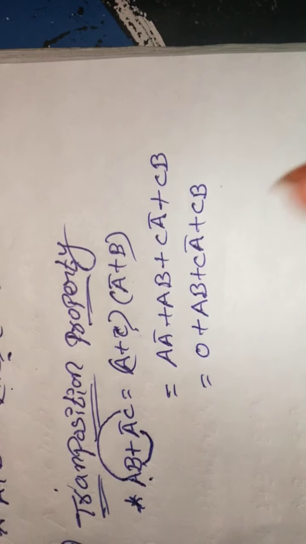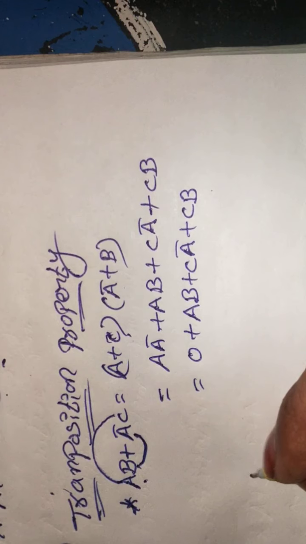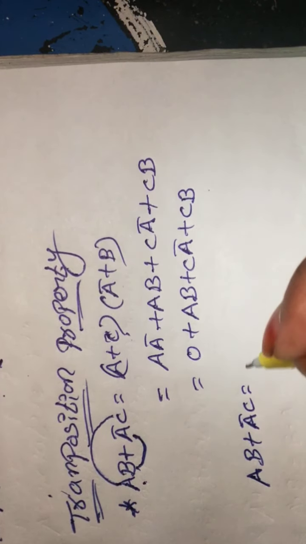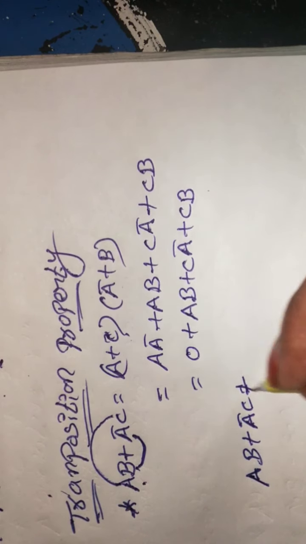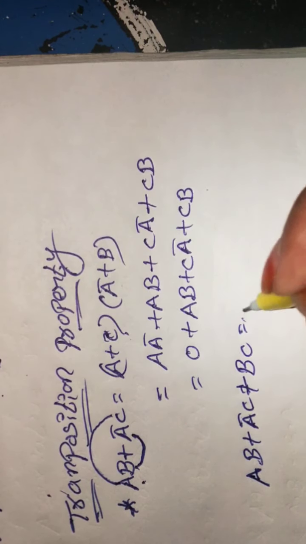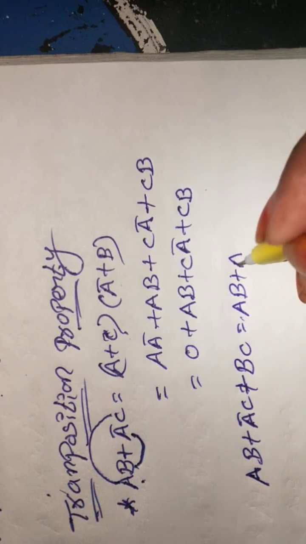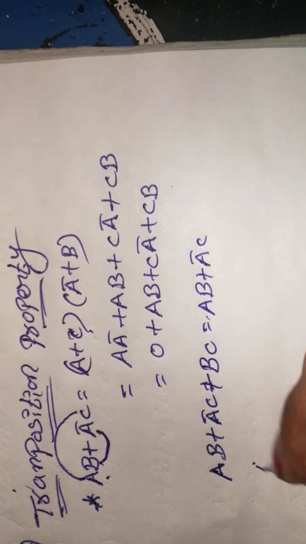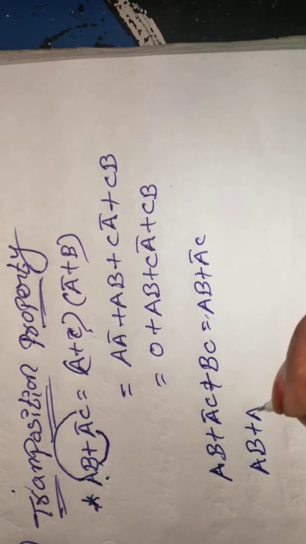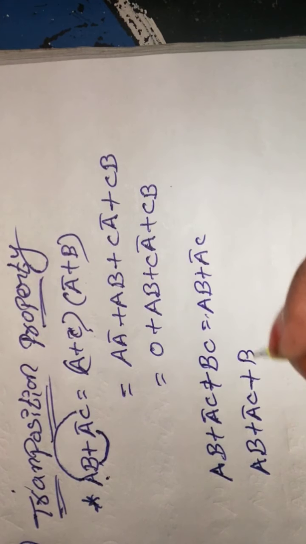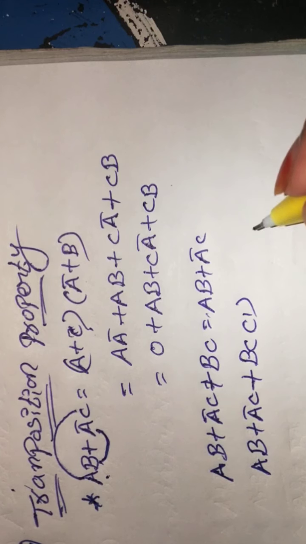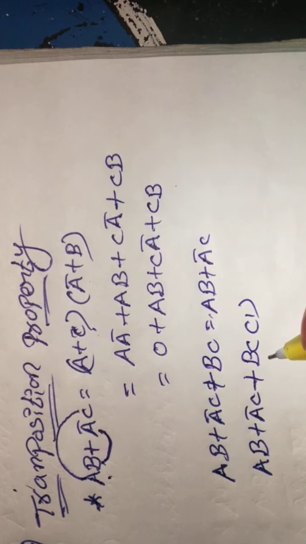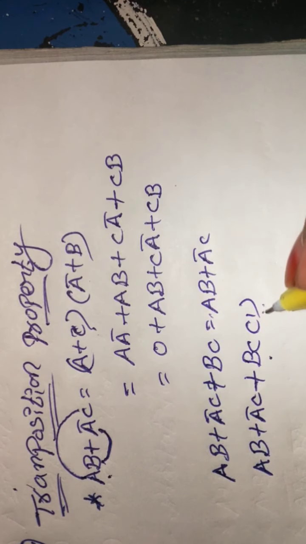Let us take AB plus A bar C plus BC equal to AB plus A bar C. Here AB plus A bar C plus BC into 1. Here we take 1, there is no difference.